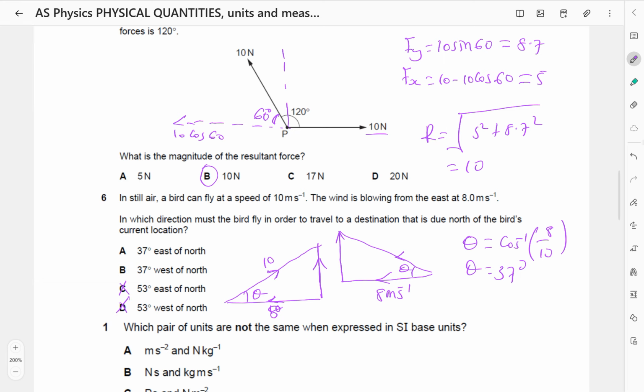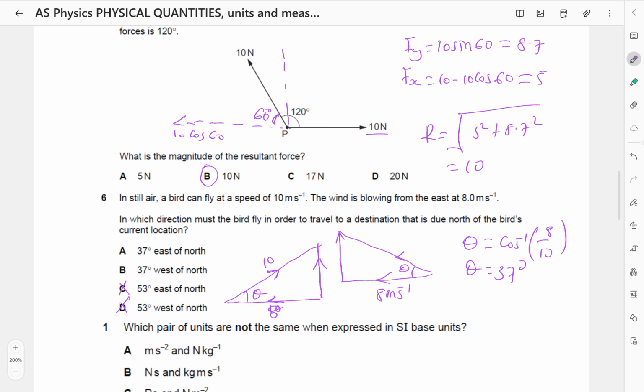Now the task is to tell whether it will be west of north. Oh, by the way, this is 37 degrees. This is not west of north.